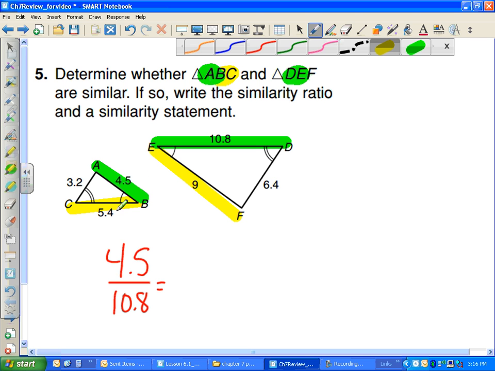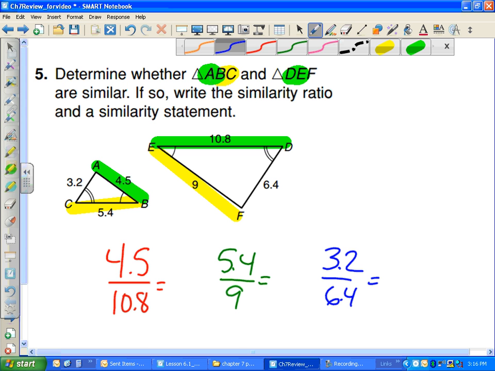So 5.4 over 9. And the last one is these two, obviously, so I should have 3.2 over 6.4. Now, already I can kind of tell these are not looking like good ratios at all.